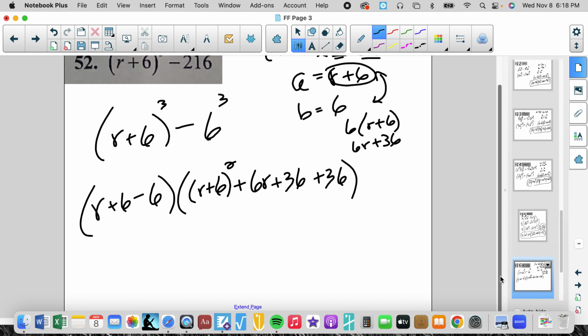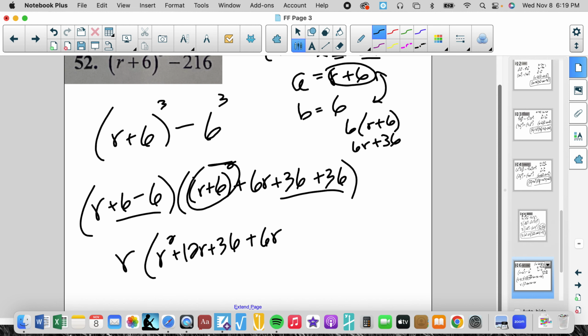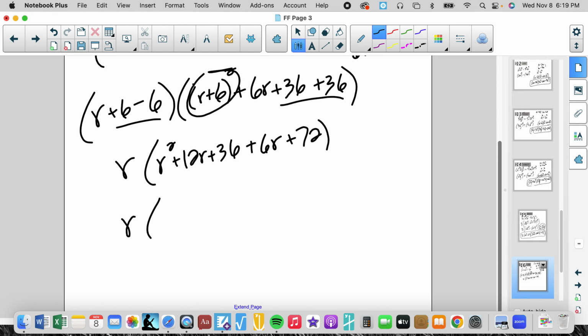Okay, that's good. And now we can simplify that. That's r. That's nice. This is a binomial square. That's r squared plus 12r plus 36. I should be able to do it that fast. Plus 6r, and that's going to be plus 72. Now let's continue to simplify.